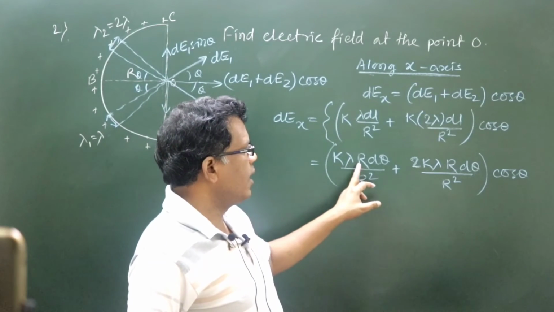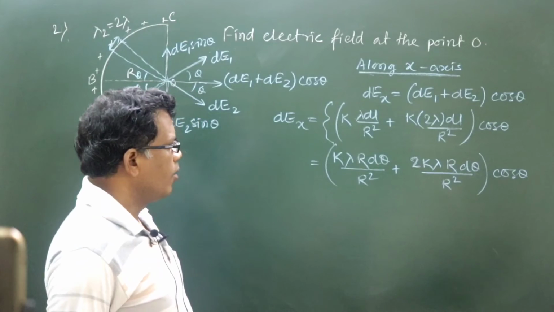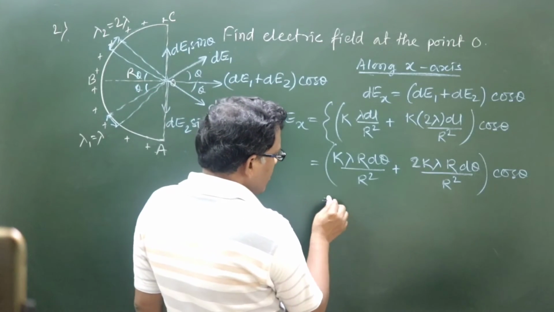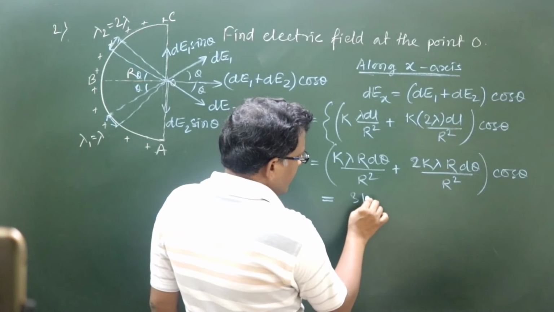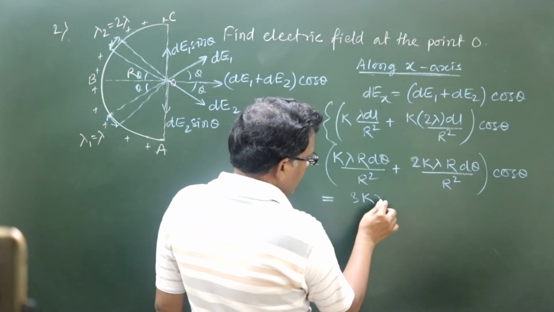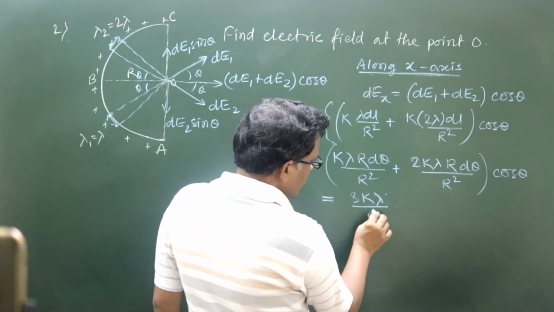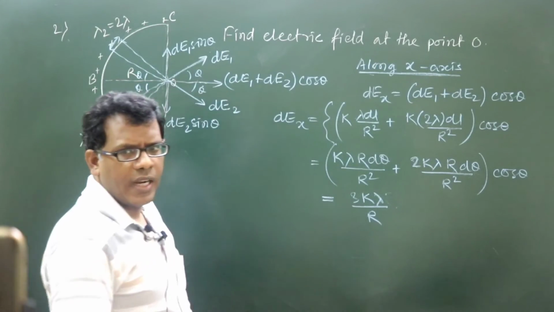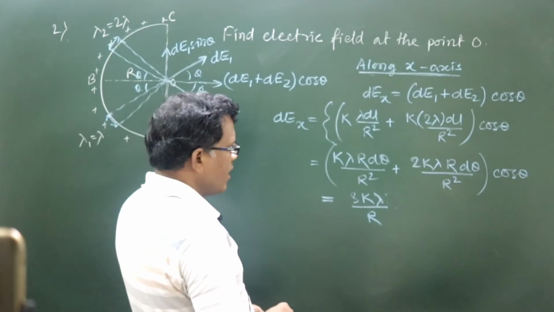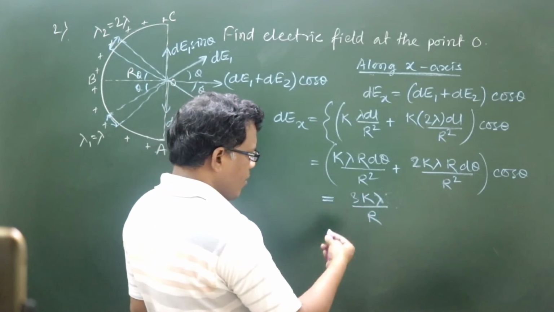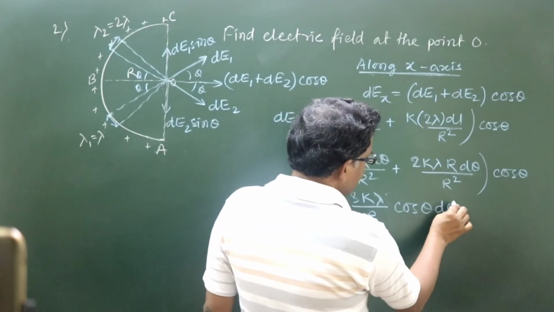Taking 2k lambda r d theta by r square common, altogether it will be 3k lambda by r. If we add both of them along x component, r by r square can be cancelled, 3k lambda by r into cos theta d theta.